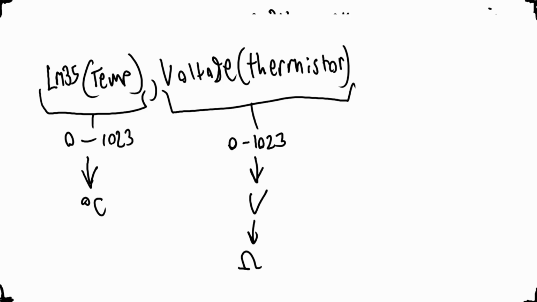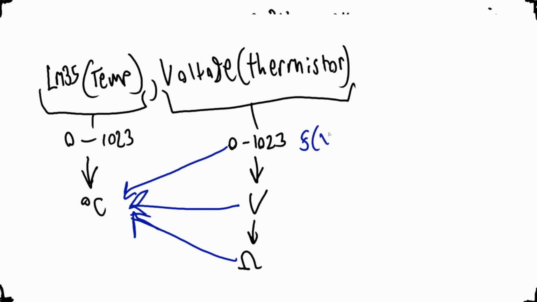However, the thing is, if you graph this number against this number, the voltage against this number, or the resistance against this number, in each case, each of these will have a different f of x equals y. So this will be f of x, I don't know, we'll call this g of x, and h of x.